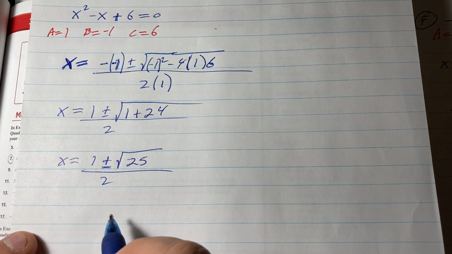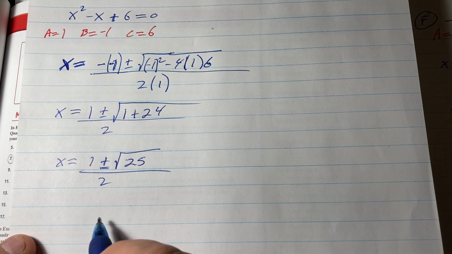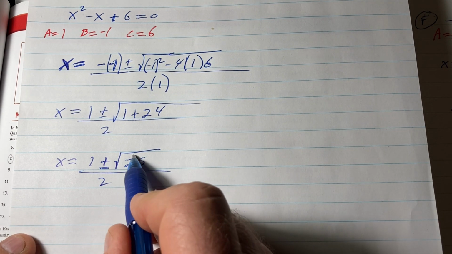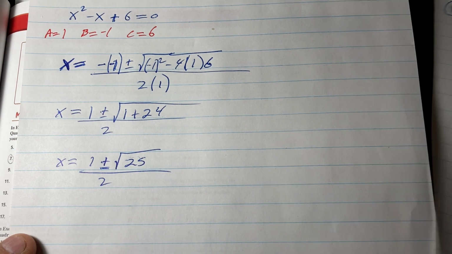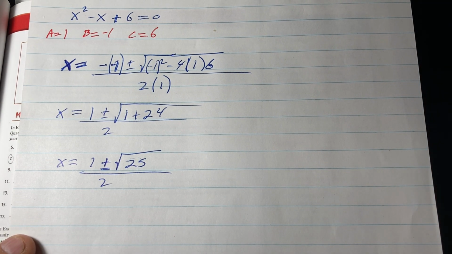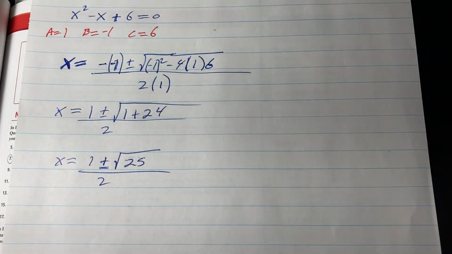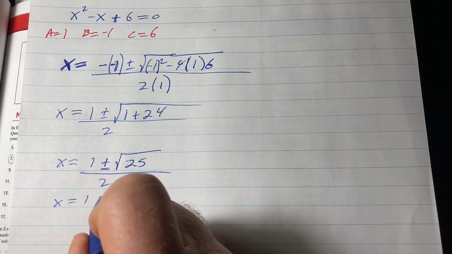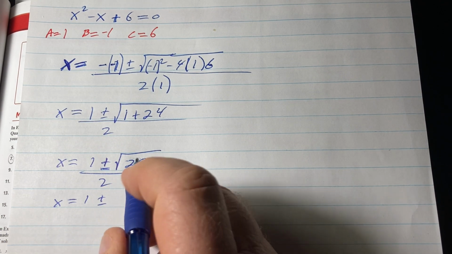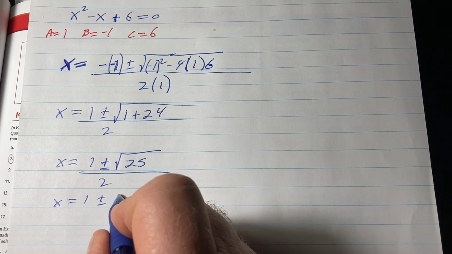It's imaginary when the stuff inside the square root is a negative, and that's when you have the letter i. So, 1 plus or minus, 25 simplifies, if you memorize that, to 5.